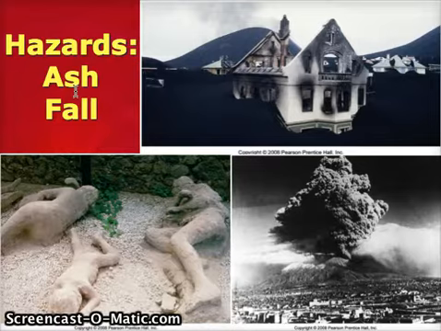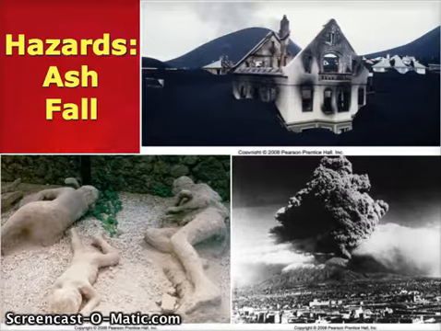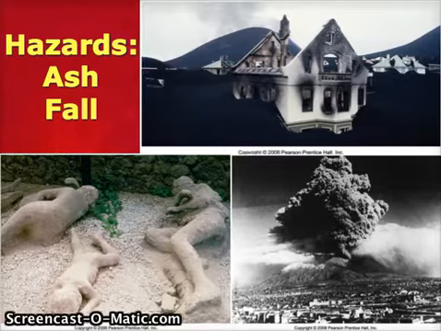So what kind of hazards do we see? Well, we get pyroclastic material. So if the volcano has a kind of an explosive eruption, what we might see is a lot of ash falling down, and you can see that that can bury things. It can set them on fire because the ash is quite hot.